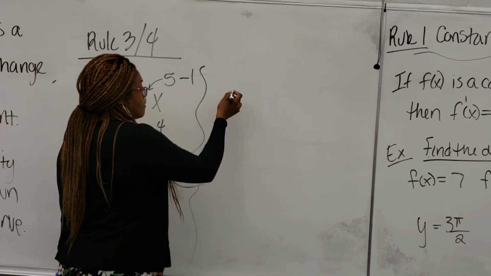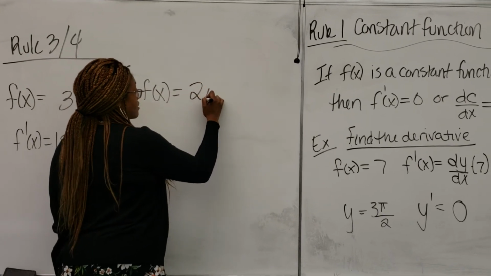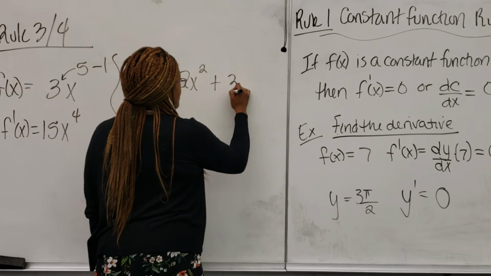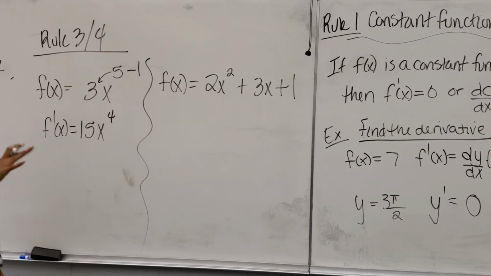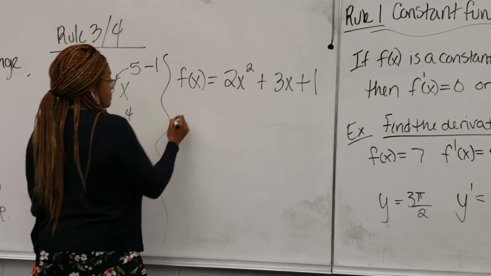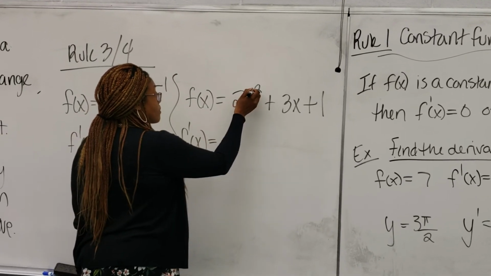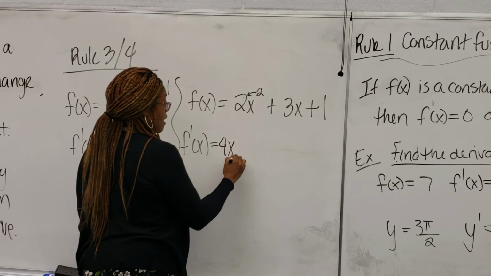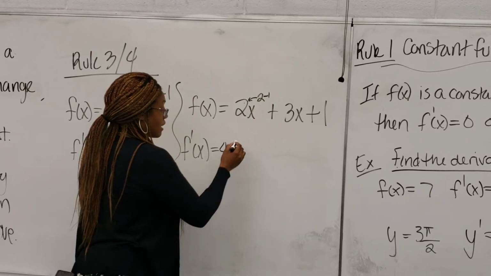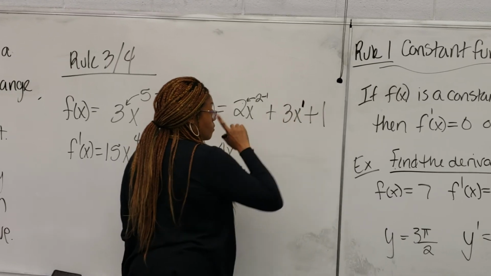In rule 4, if I have f of x equals 2x squared plus 3x plus 1, this is all of the rules now put together. So if I was to find the derivative of this, I would bring the 2 down. So 2 times 2 would give me 4, x to the power subtracted by 1, so x, right? Technically, here we have an exponent of 1.